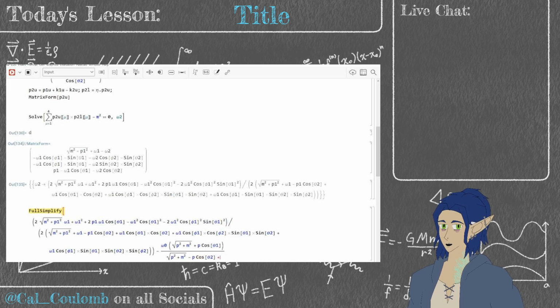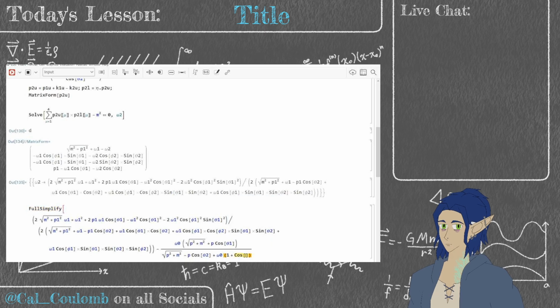And then plus the incoming photon energy times 1 plus, this is the part that gets hard to remember, cosine theta 1 times cosine theta 2 plus sine theta 1 sine theta 2, and then last times the cosine of phi 1 minus phi 2.